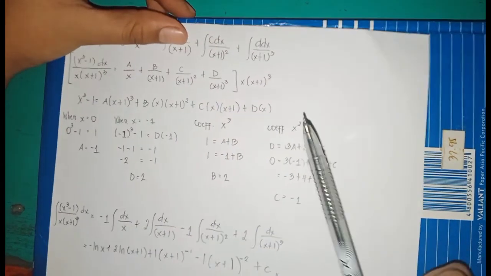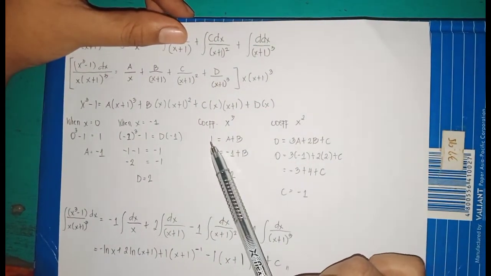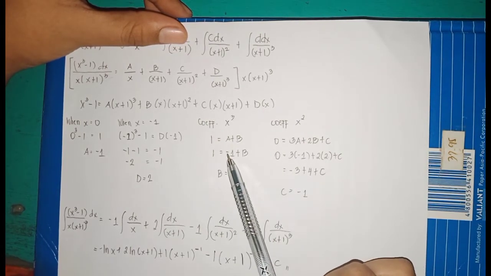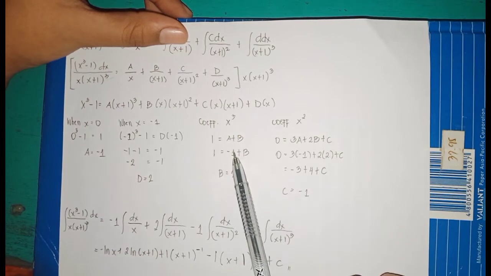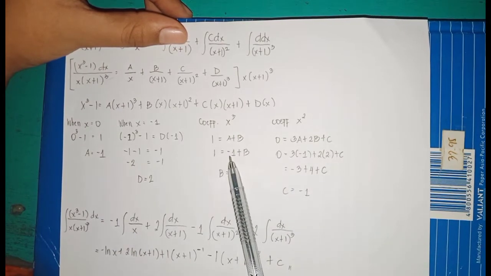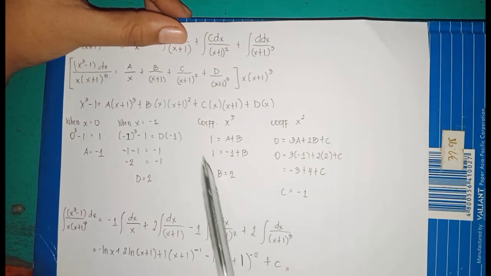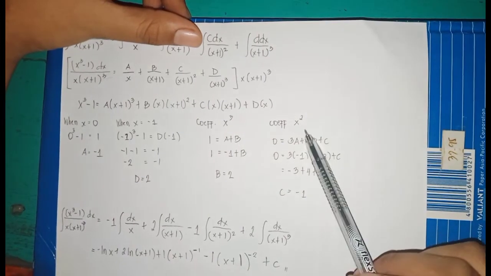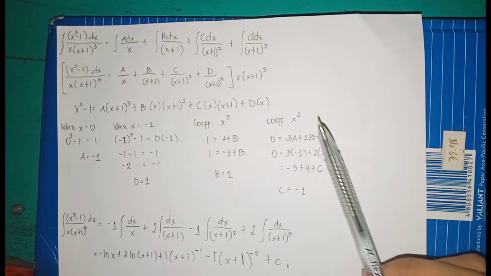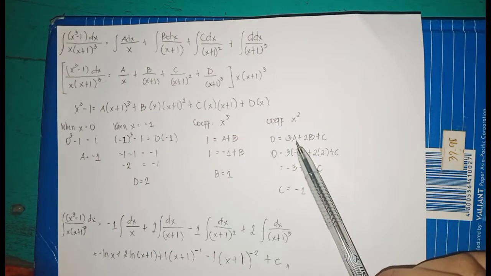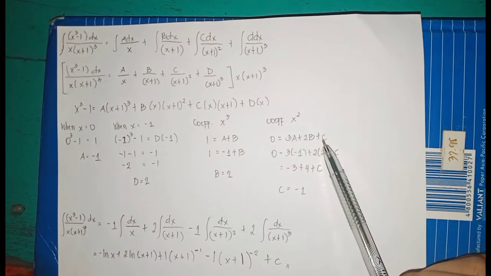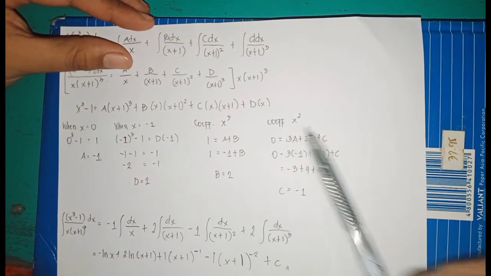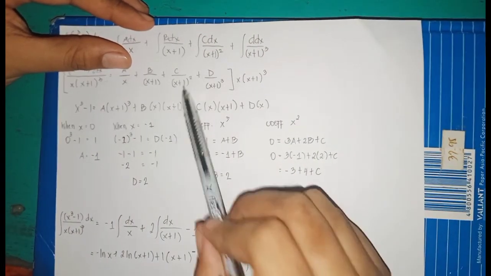So for the coefficient of x cubed, we have 1 is equal to A plus B. So 1 is equal to, the value of A being negative 1, plus B. So this will be transposed, so this negative 1 will be positive 1. So our B will be positive 2. Okay, so the next one is for the coefficient of x squared, we have 0 is equal to 3A plus 2B plus C. This 3 came from the cube, and the 2 from the squared.